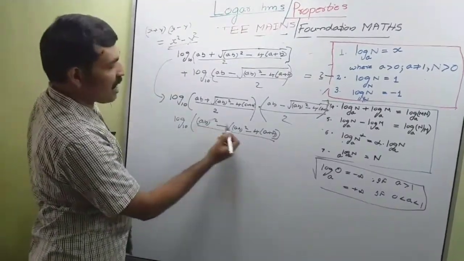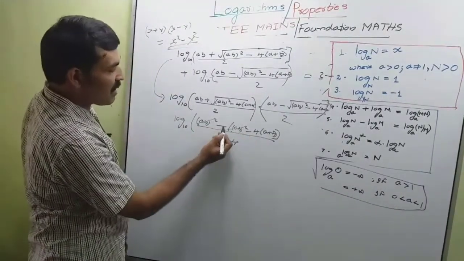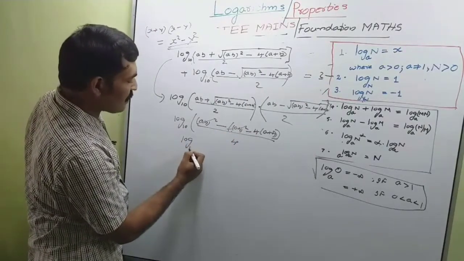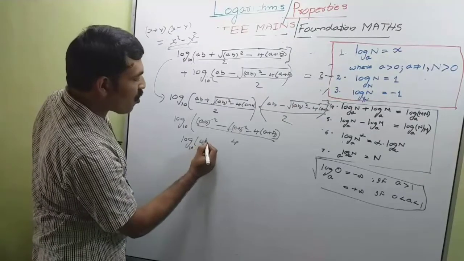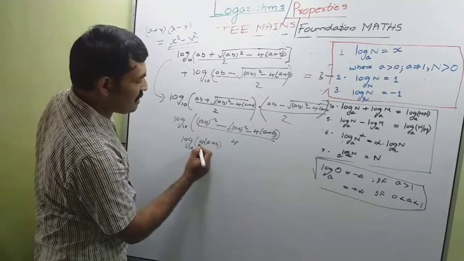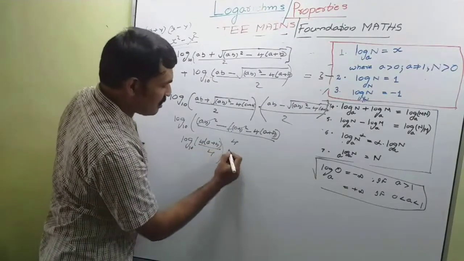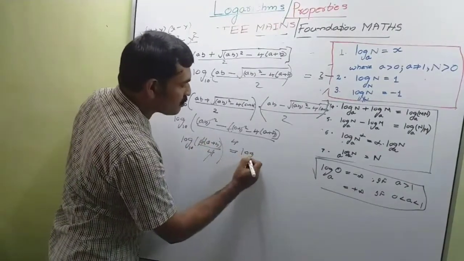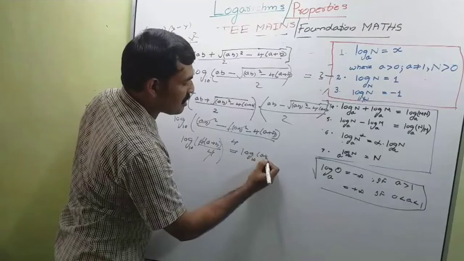This (ab) square and (ab) square get cancelled. This minus of minus becomes plus. So this is equal to log base 10 of 4 times (a plus b) divided by 4. This 4 and 4 get cancelled. It is equal to log base 10 of (a plus b).